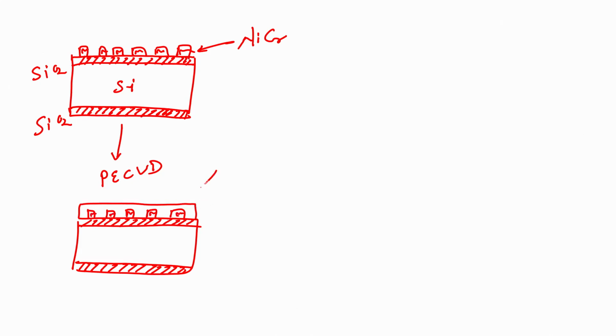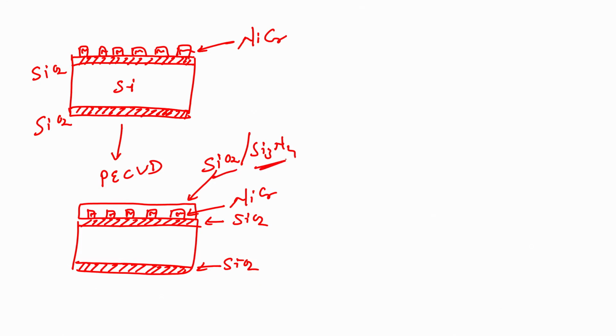This insulating material can be SiO2 or Si3N4, silicon dioxide or silicon nitride. This is my nichrome, and this is my silicon dioxide. Now, can I directly deposit my semiconducting material on this insulating material, SiO2 or Si3N4?